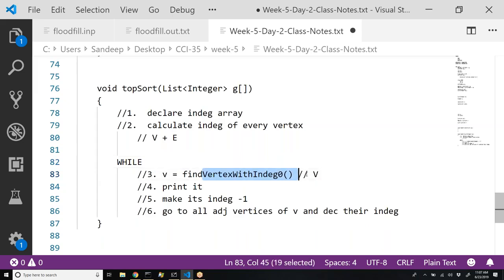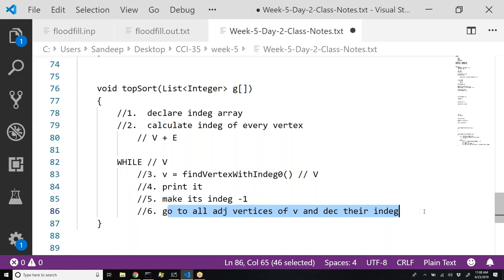Then this will take V time, because we are looping over the entire array. This is something we will optimize. This loop will take V times. So overall, this is running V times. This is a V step process. Printing one vertex is order of 1. Making the current vertex's in degree minus 1 is order of 1.